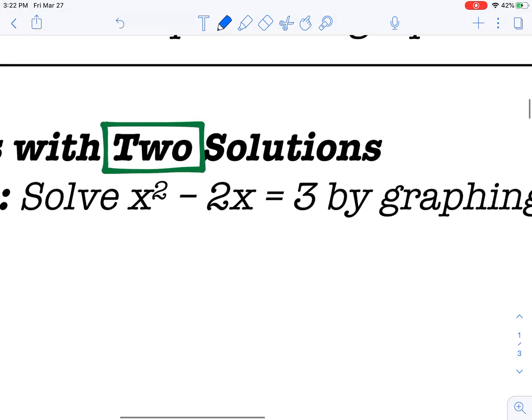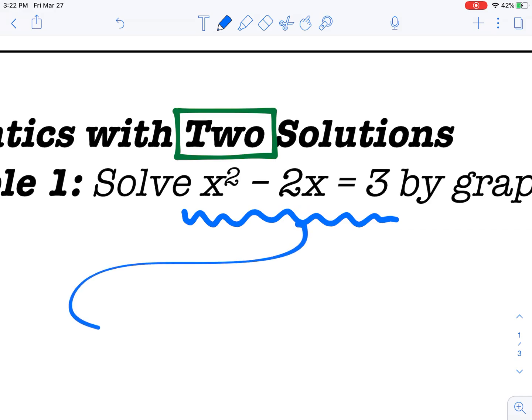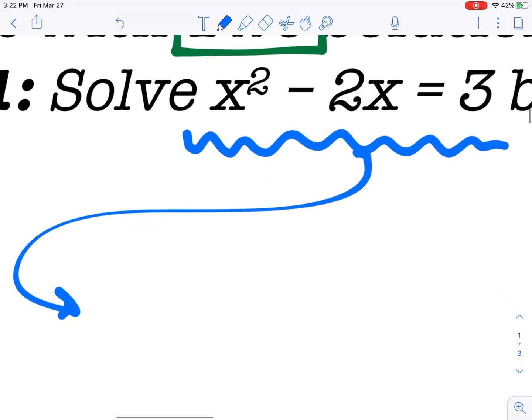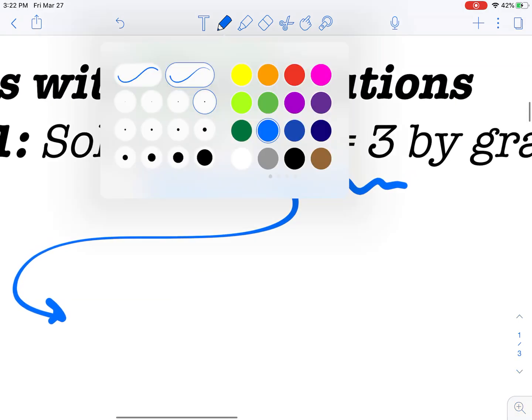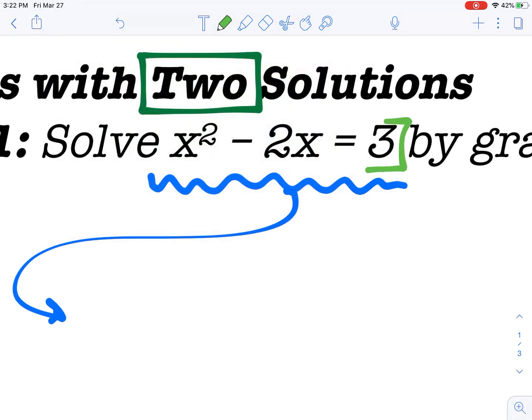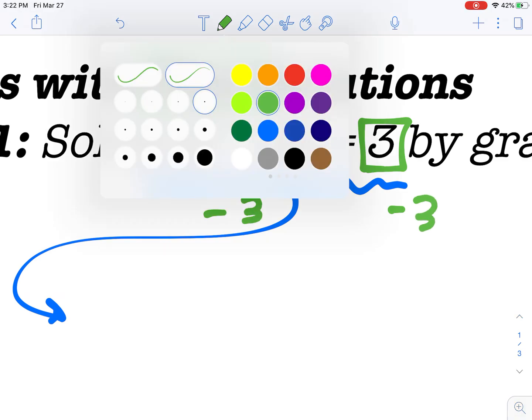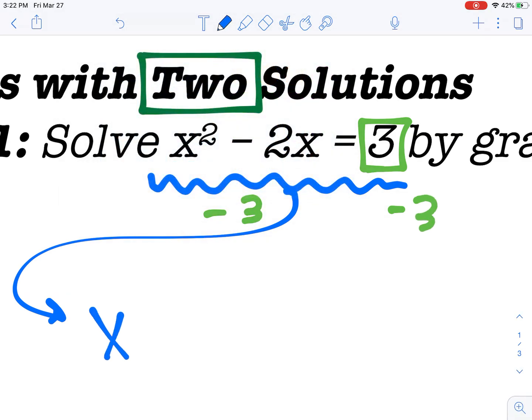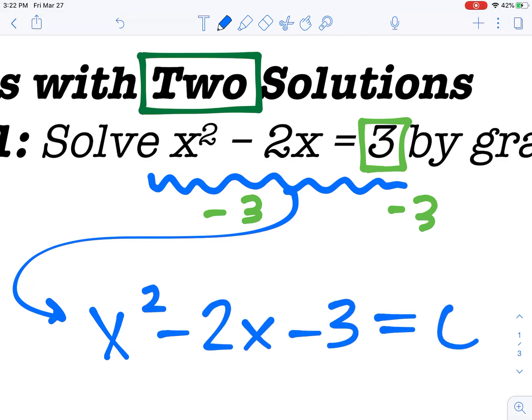So if you were eventually the owner of a graphing calculator, or you wanted to use Desmos, which is on your iPad, to enter this into your calculator, you first need to put it into standard form, which would mean moving this 3 to the other side. So if we subtract it over, what you would enter into Desmos would be x squared minus 2x minus 3.